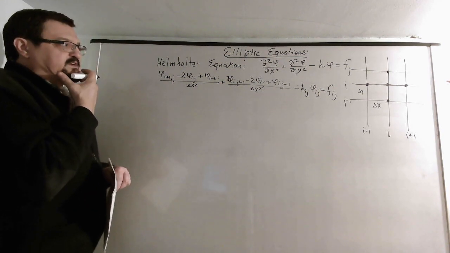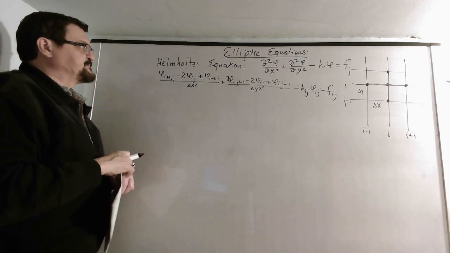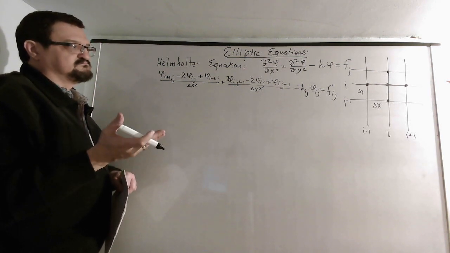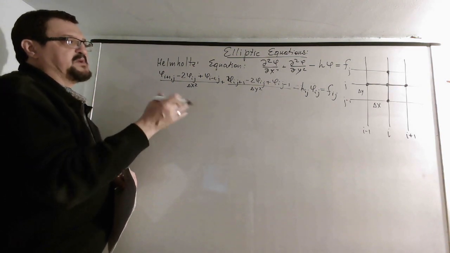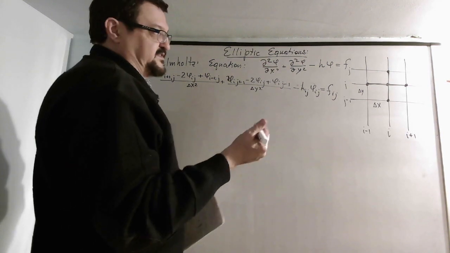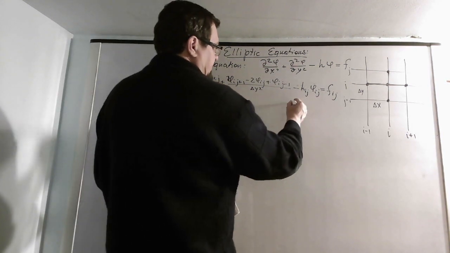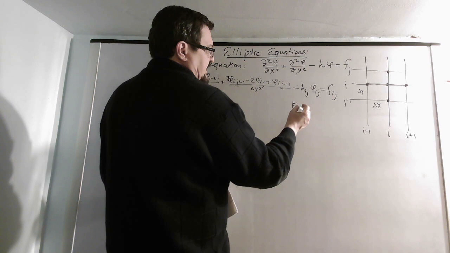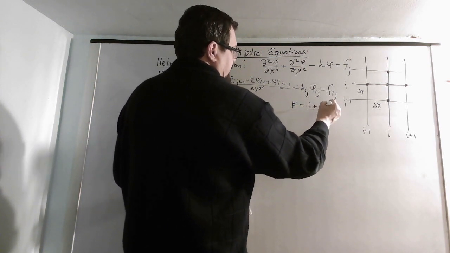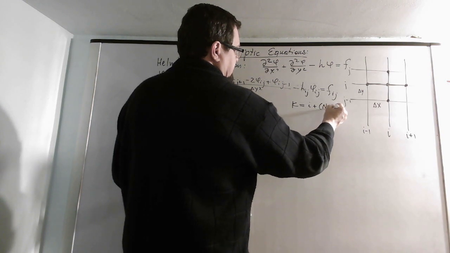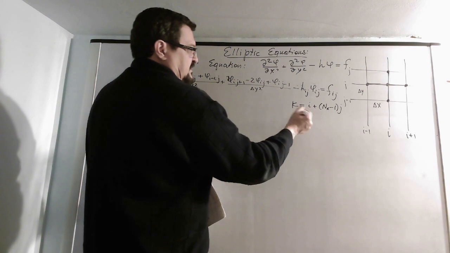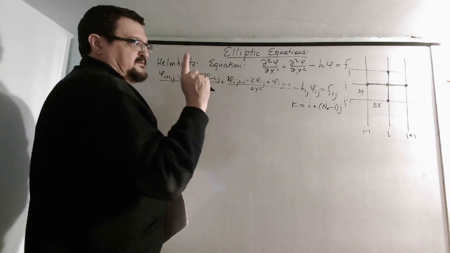We could, of course, use some kind of direct method by rewriting this two-dimensional array as a one-dimensional array, as it is actually stored on a computer, by introducing some index k. So k equals i plus the number of grid points in x minus 1 times j, where i and j change from 1.